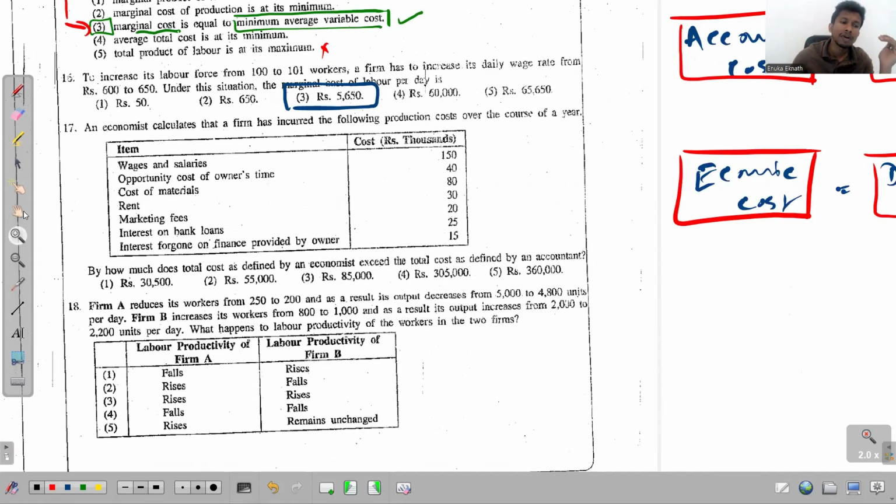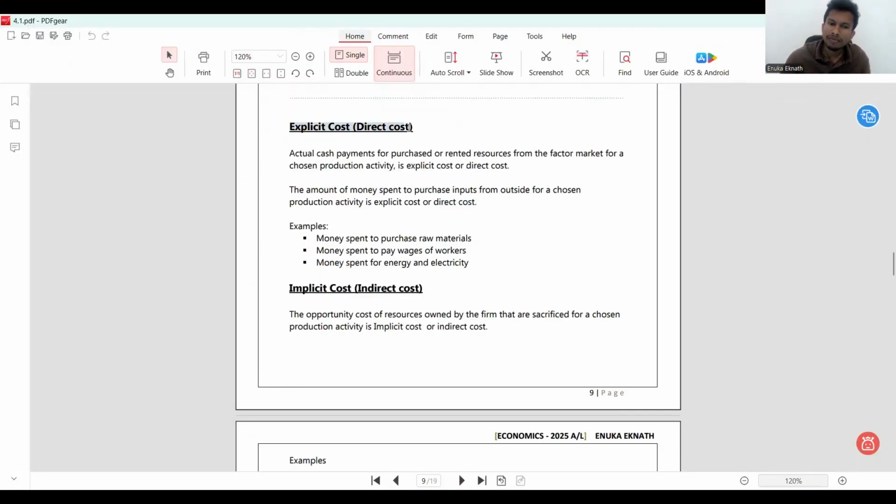What's the difference between indirect cost and direct cost? Wait, I'll show you the note related to that. Look at this note. This is about explicit cost, if not direct cost. It says actual cash payments for purchased or rented resources from factor market for a chosen production activity is explicit cost or direct cost.